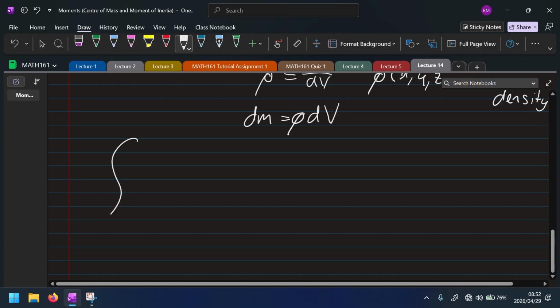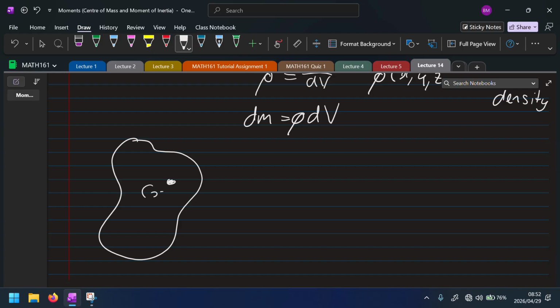Okay, so in this case, we have something like this, where at some point here, xyz, okay, at some point, again, all the points are different. The density is different all over. There's going to be a little cube. So at that point, xyz, that little space there has a density rho xyz.